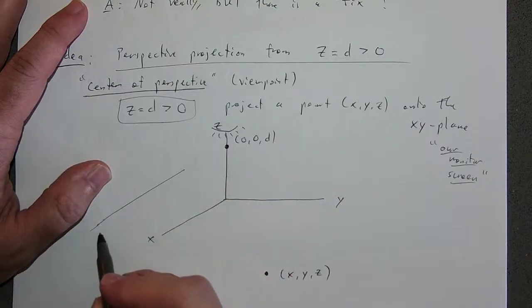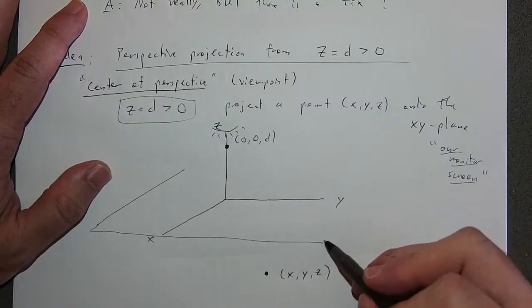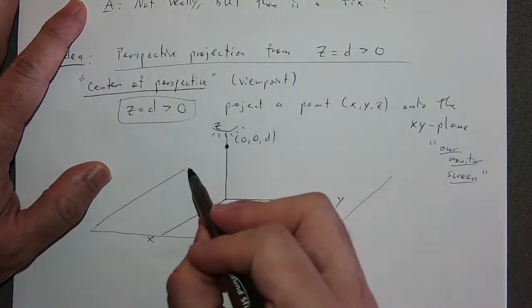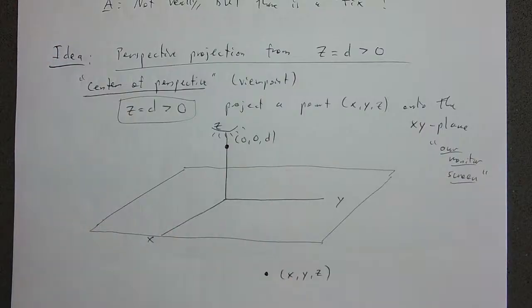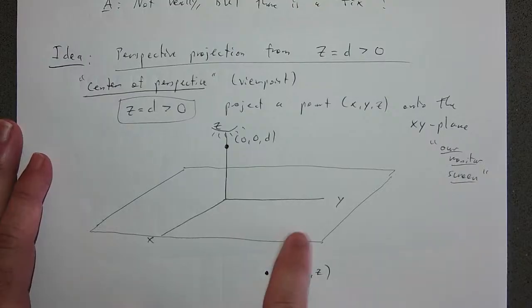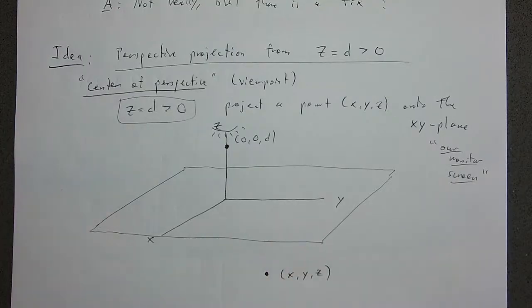That is the xy plane. Obviously, this extends in all directions here. But this point does not lie on this plane. Okay, this point, we'll say, lies below it.